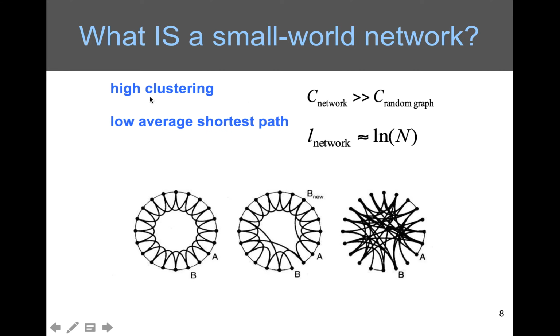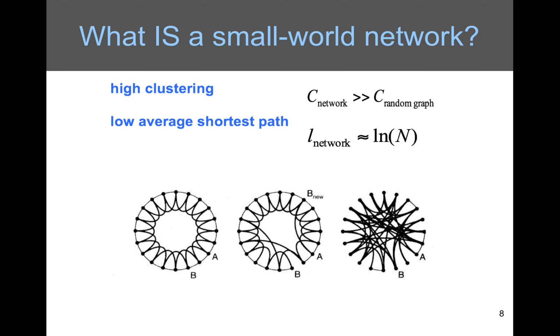But at the same time, while it has a high clustering coefficient, we want it to have a low average path length between nodes, like the six degrees of separation. If I were to pick two nodes at random in the network, the length between those two nodes must be really small.